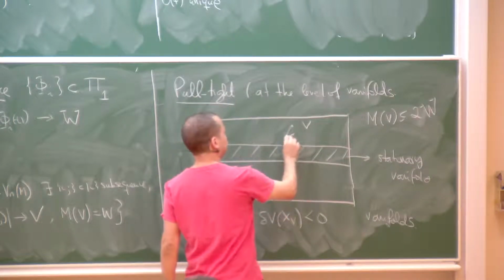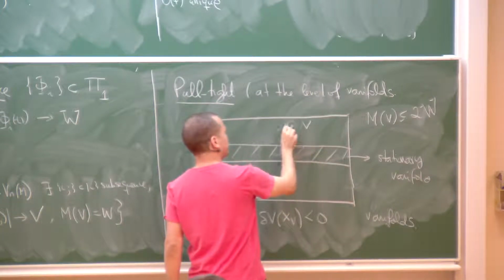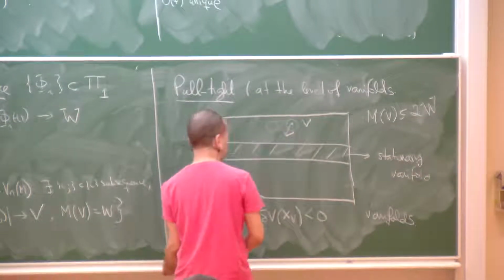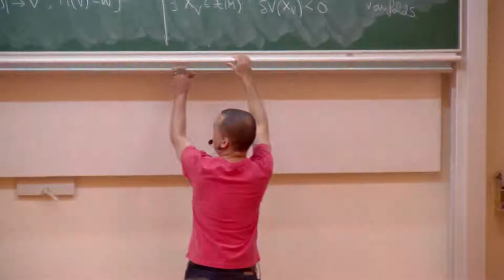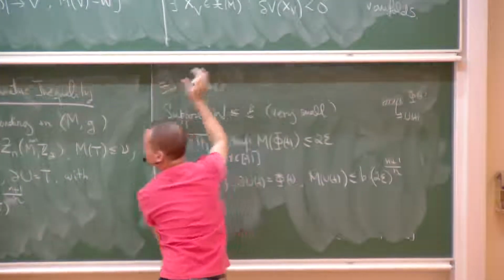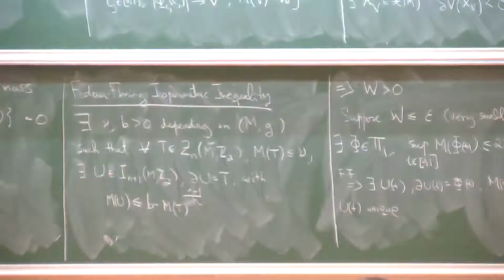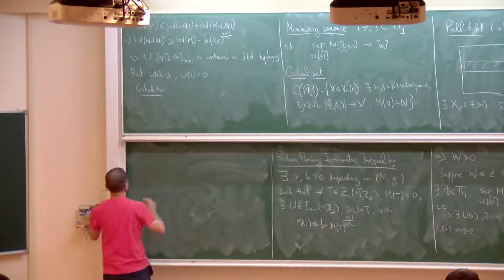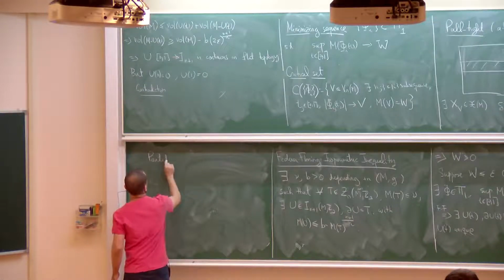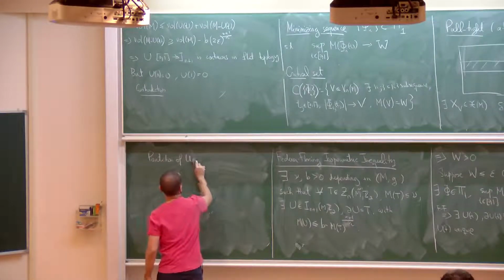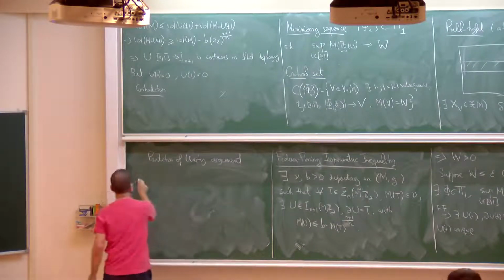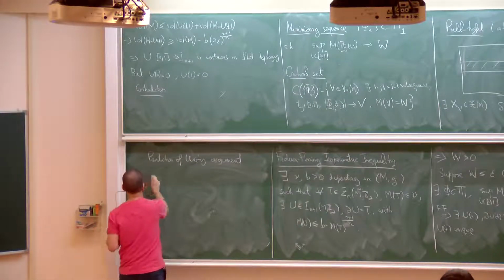And then once you have a direction that decreases the area of V, it's also going to decrease the area of every varifold in a neighborhood. So there's a partition of unity argument that I won't explain. But it's going to give me a deformation H like this.